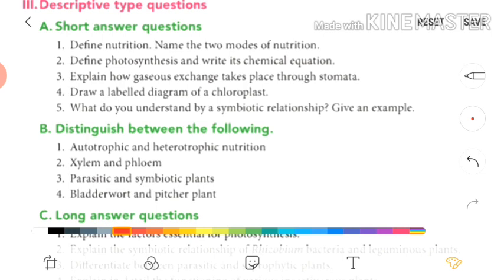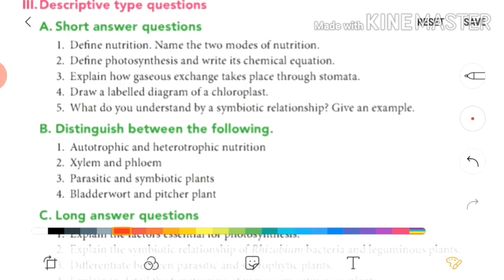Third one, parasitic and symbiotic plants. First of all, write down definitions and examples like dodder and mistletoe. Then examples of symbiotic plants are lichens and roots of leguminous plants.